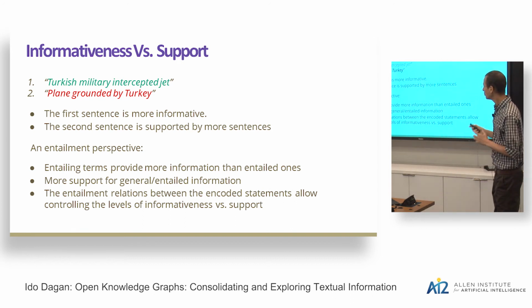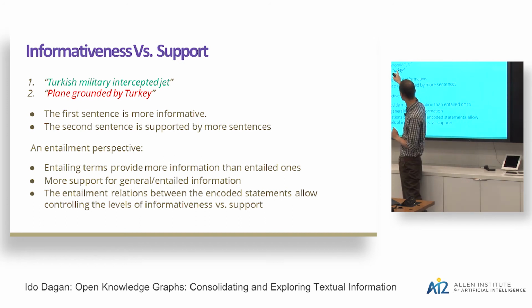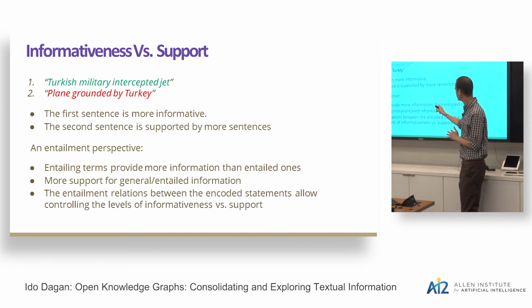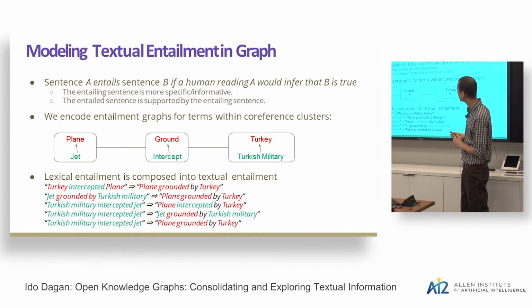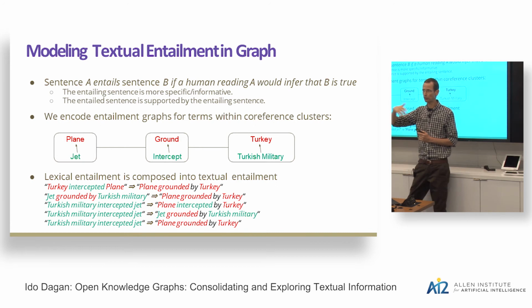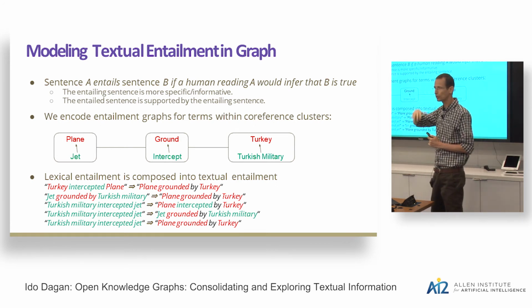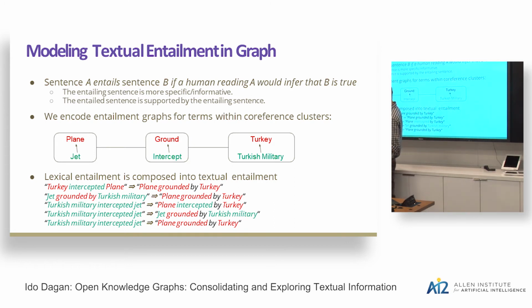Okay. So what we suggest is to model this in entailment perspectives, because basically this sentence is entailed by this one. And we suggest to model it more specifically at the term level. I won't go through this, I'll just show the final direction. What we do is within each coreference chain, jet and plane all refer to the same element, grounded and intercepted refer to the same event, etc. We've seen before that in each node we have a bunch of terms, all the different terms used within the coreference chain to refer to that element, like acquired and purchased, or stores and outlets.